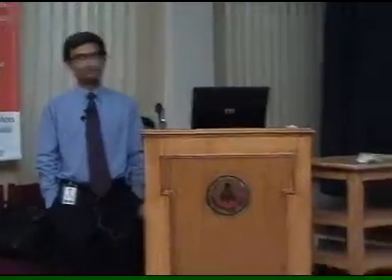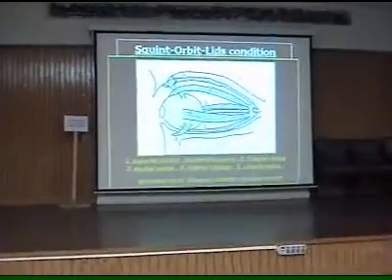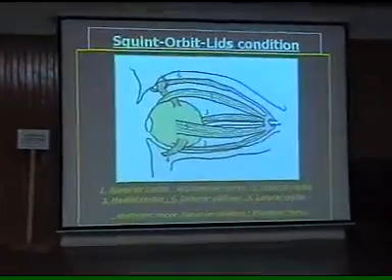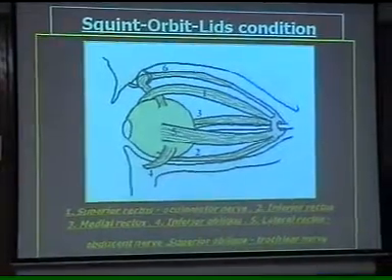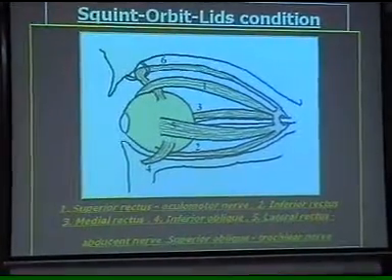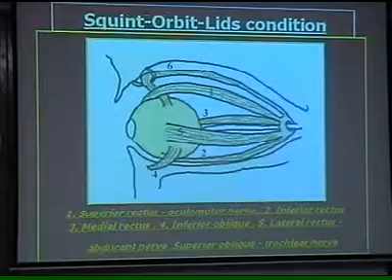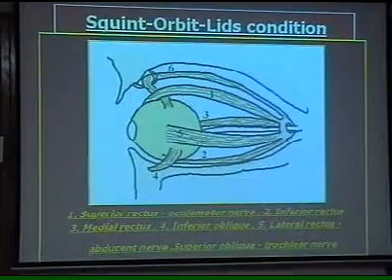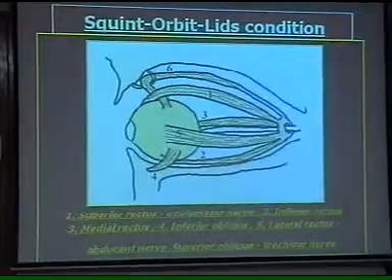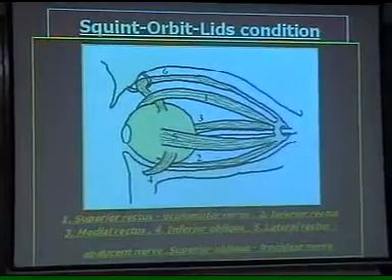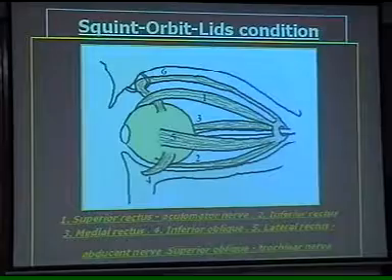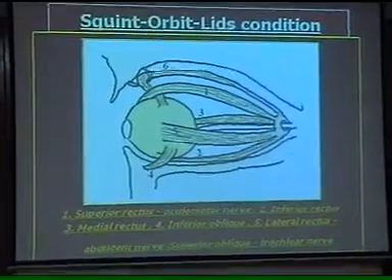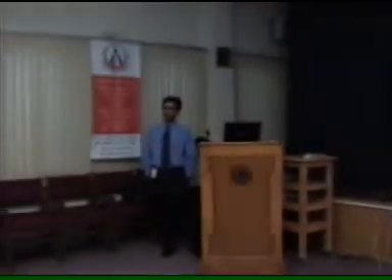Now you can see that there are 3 muscles. The superior and inferior oblique are inserted in the posterior quadrant. Superior oblique in the superior area and inferior oblique in the inferior area. But the difference between these 2 muscles is that the inferior oblique arises from the medial wall of the orbit and goes directly to be inserted into the posterolateral quadrant of the lower part of the eye.